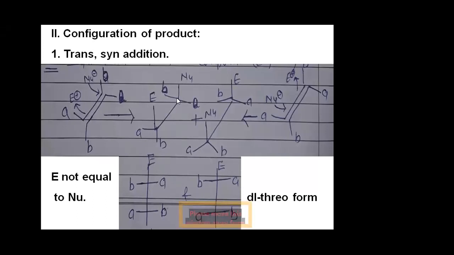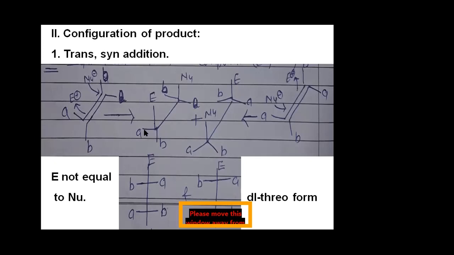Then you can see here Nu and E above the plane. If E is here, then Nu is here. Actually there should be Nu here and E here.